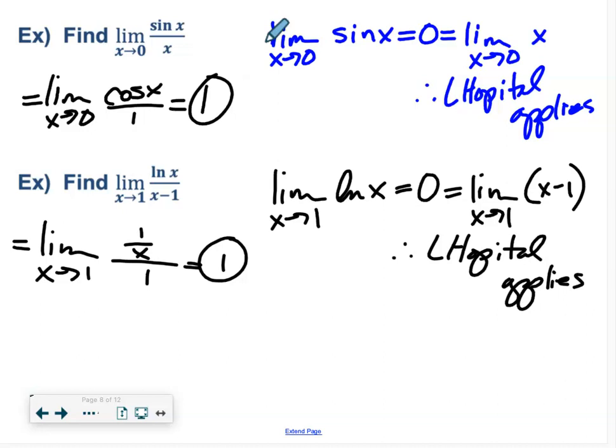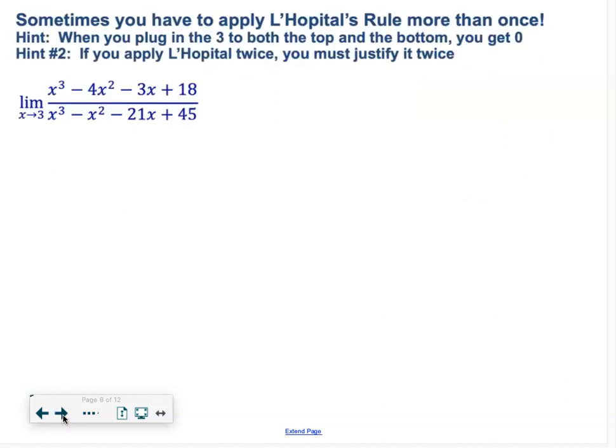You ready to try some? Sure. Good. Oh, whoops, first, one more on paper, sorry, before we do the ones on whiteboards. Okay. You can L'Hopital multiple times. If you L'Hopital, and after you L'Hopital you still have a limit that's 0 over 0 or infinity over infinity, you can L'Hopital again. You can L'Hopital 20 times, right? Because each limit is its own limit, so you just treat each one as though it's a new limit.